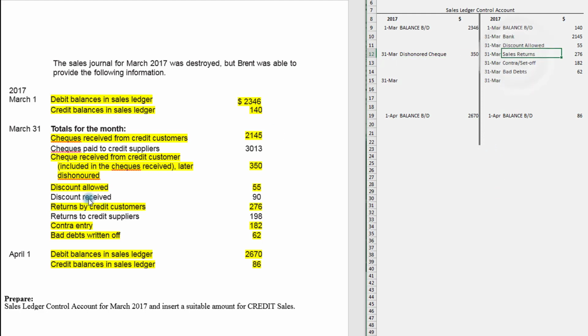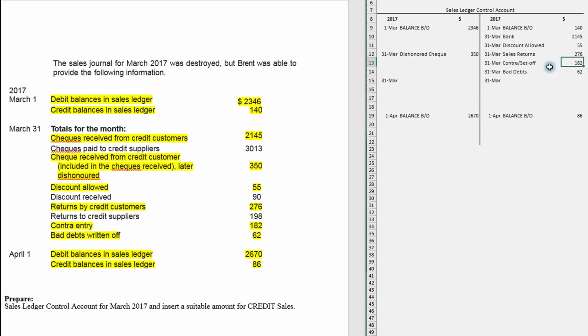Next we had returns by credit customers, 276. As we know, returns by credit customers would be goods you sold to them previously, so that is sales returns or returns inwards. After that, we had a contra entry, 182. A contra entry, or set off as we'd call it, is a common amount that is owed to or by a person.